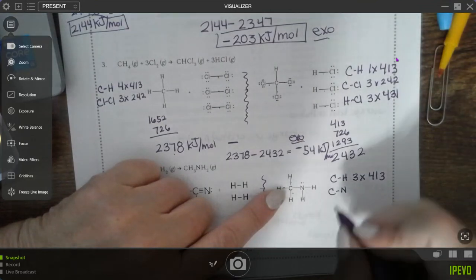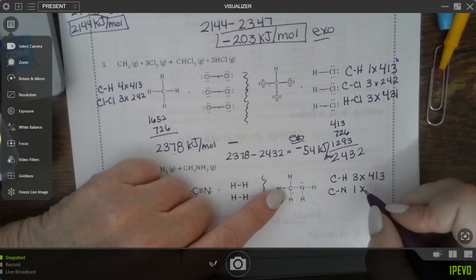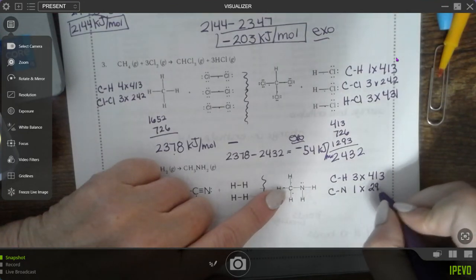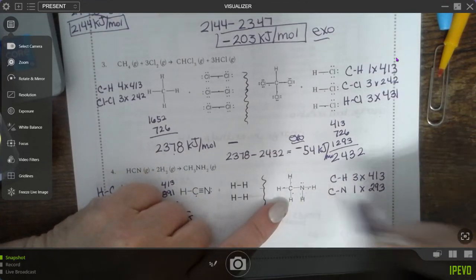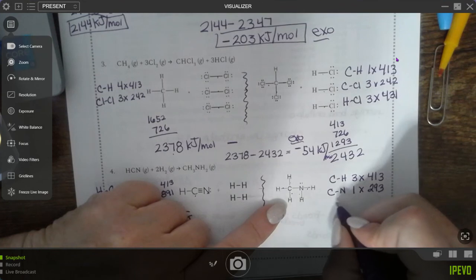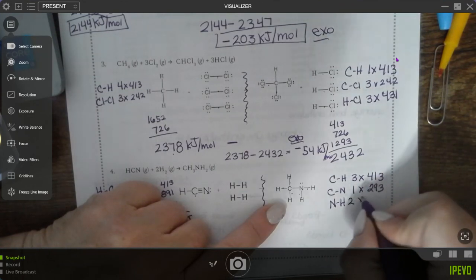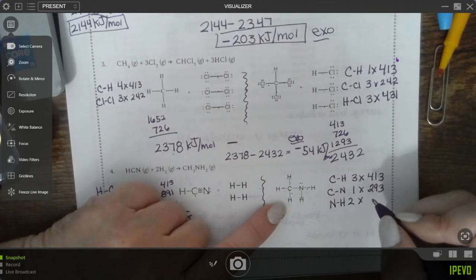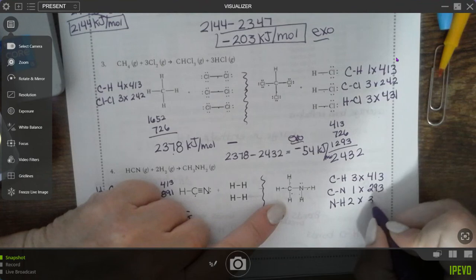Carbon-nitrogen single, I've got one of those, and that is 293. And then I've got 1, 2 nitrogen-hydrogen bonds, 2 of them. And nitrogen-hydrogen is 391 kilojoules.